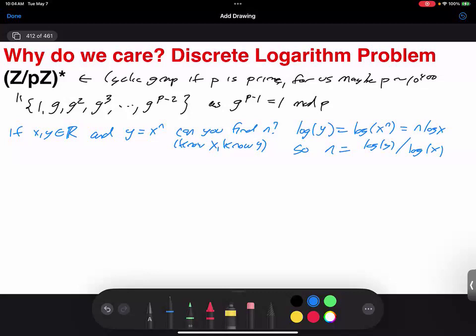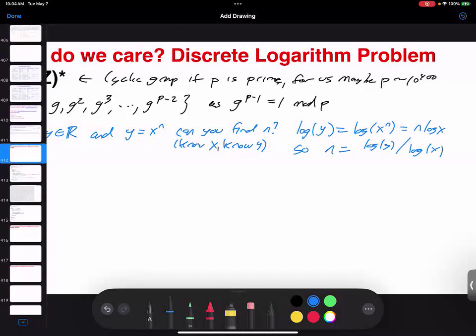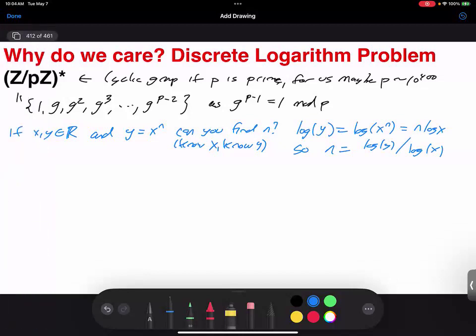For real numbers, it's really easy to find n. If I know x and I know x to the n, I can find n by just taking logarithms. For groups, it's much harder. For groups, if I know g and g to the n, what is n?